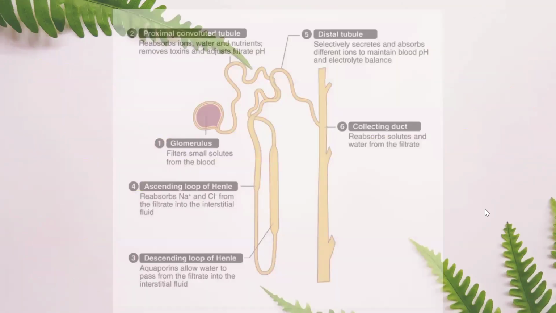Here you can see the structure of the kidney, the parts 1 to 6, where the entire urine formation takes place in the nephron. 1, 2, 3, 4, 5, 6.